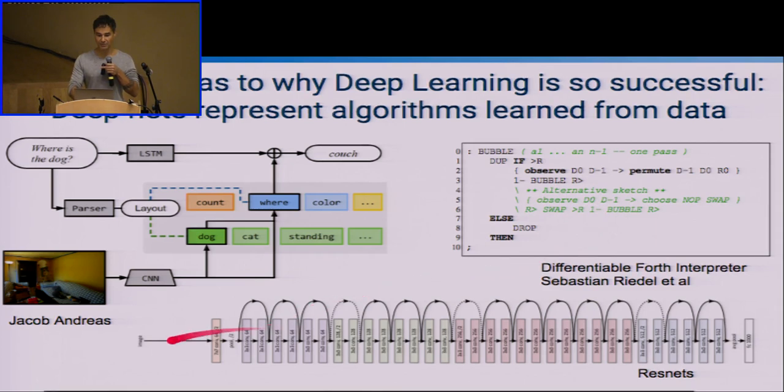In fact, you can think of something like a very deep net, like a ResNet from Microsoft, and the authors are now at Facebook, as essentially multiple stages of computation. Initially, these are all knobs that you have to tune. But as they get tuned, what you learn is an algorithm that goes from input to output.